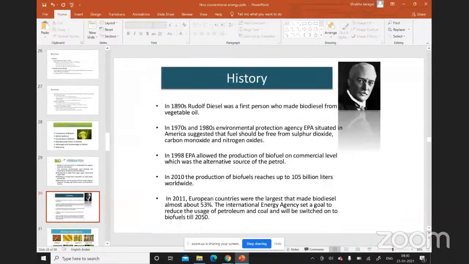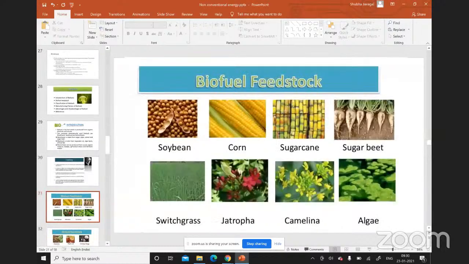These are the major sources, or crops, that could be used as biofuel feedstock. That is the raw material used to produce biofuels: soybeans, corn, sugarcane, algae, all of them can be used as feedstock to generate electricity.